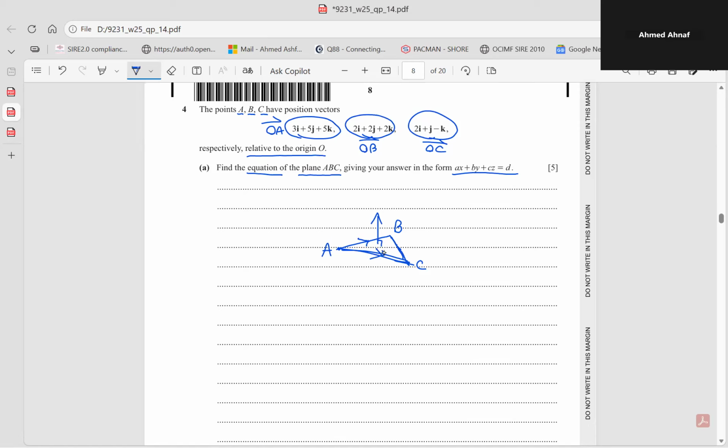The only condition is that those two vectors have to originate from the same point. So you can take something like AB and BC. Once you find those two vectors, you find their common perpendicular by taking the vector product. By taking the vector product, you will find a vector that is normal to the plane. So our first step is to always find a vector that is normal to the plane.